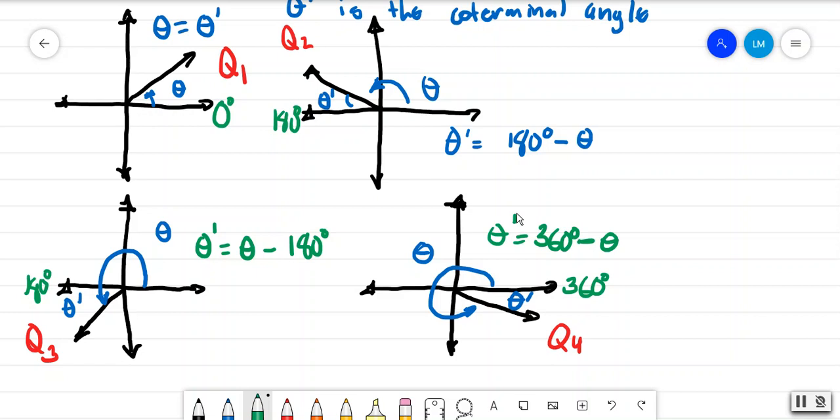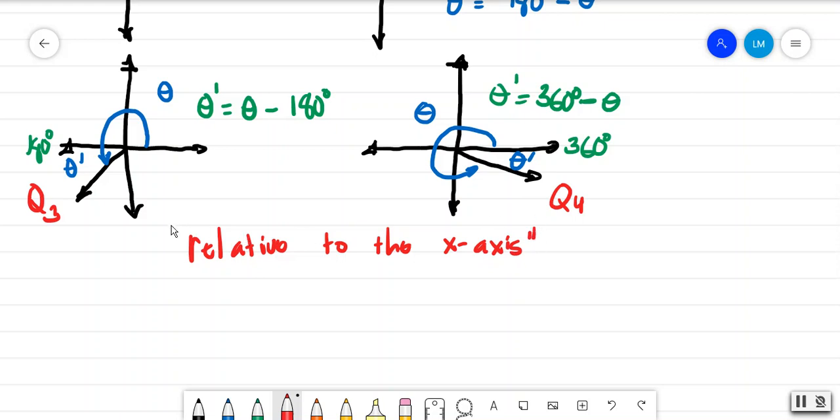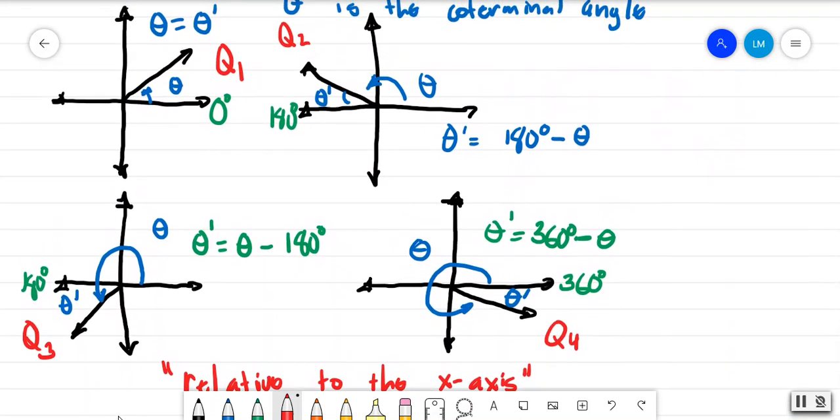Now, the key is that you have to remember that a reference angle is relative to the x-axis. And it helps to actually draw it in the x and y plane to figure out what quadrant it terminates in.